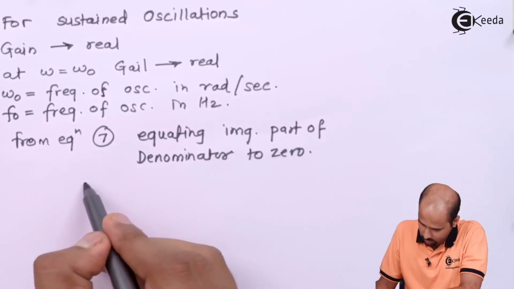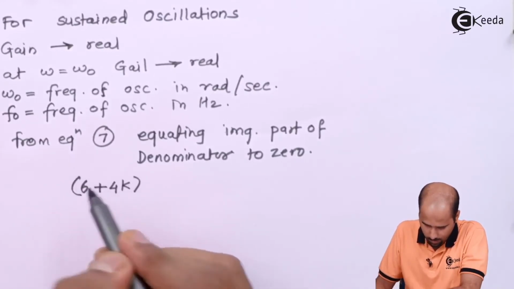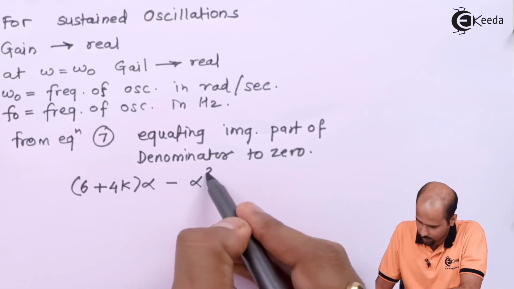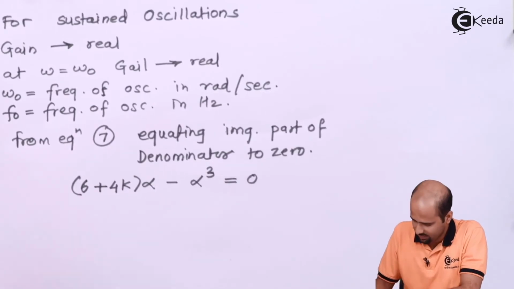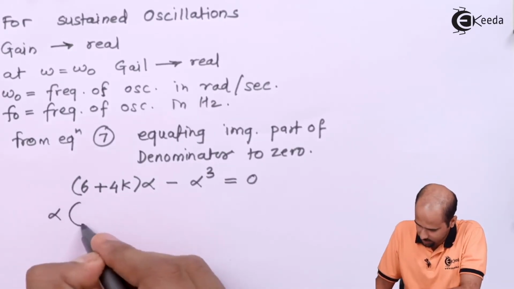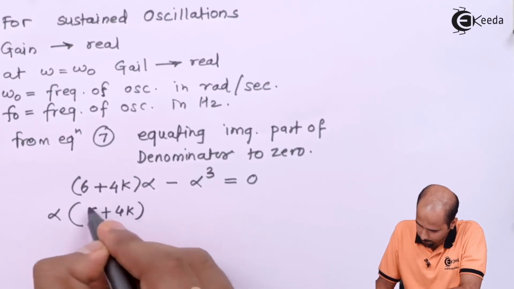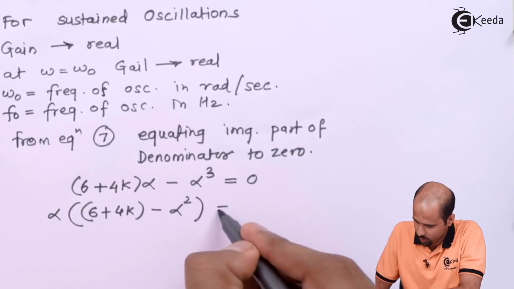That is nothing but (6 plus 4K) into alpha minus alpha cube is equal to 0. We'll say that alpha in the bracket (6 plus 4K minus alpha square) is equal to 0.